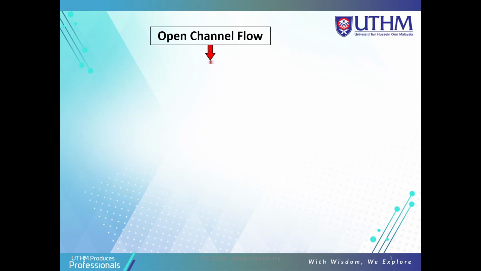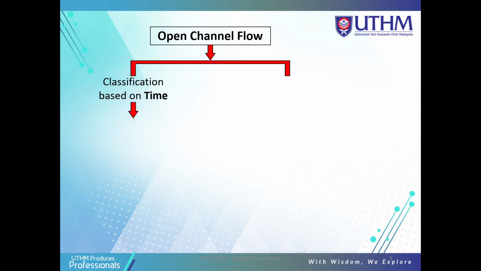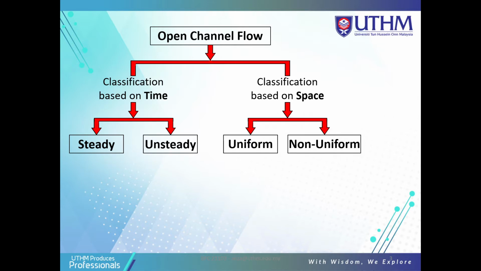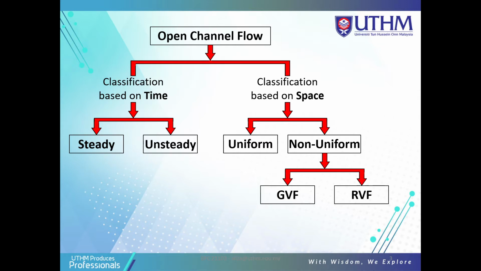For open channel flow, there is classification based on space: uniform and non-uniform flow. Classification based on time: steady and unsteady flow. For non-uniform flow, we use GVF and RVF, rapidly varied flow.